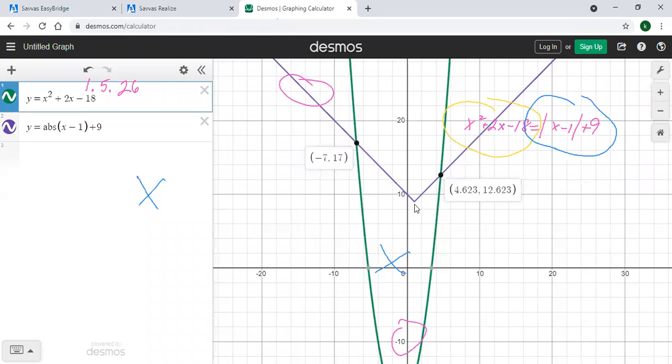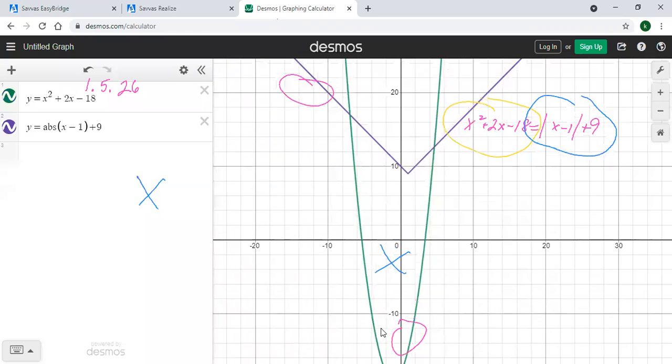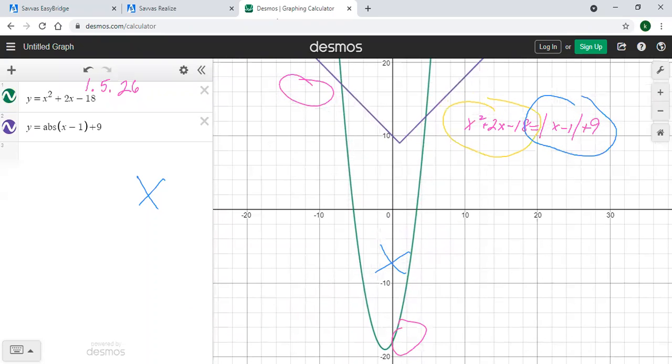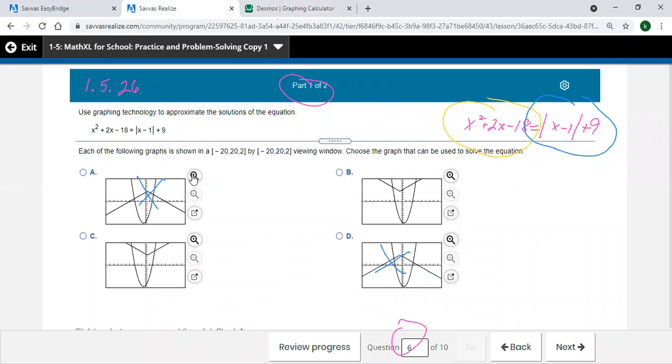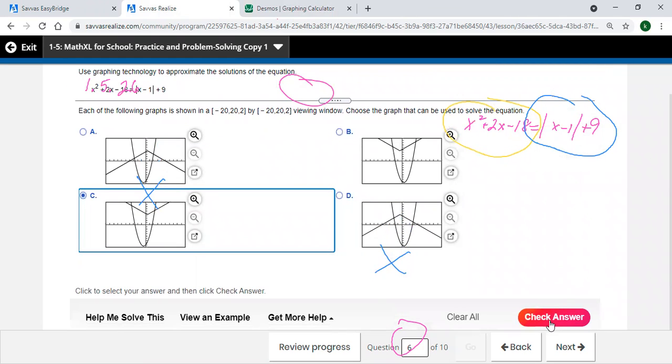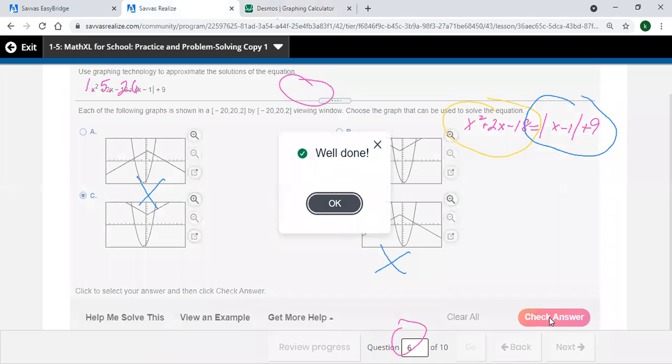So the absolute value's vertex is on the right, and the parabola's vertex was on the left of the y-axis. So which one is that? I believe that is this one right here. So there's our first step, making sure we just put it in Desmos and choose the correct one that matches.